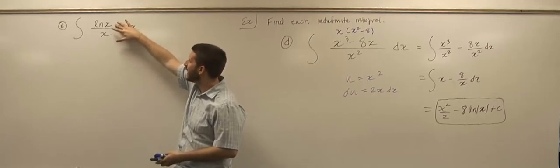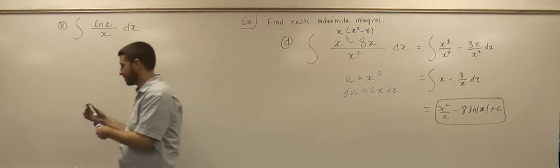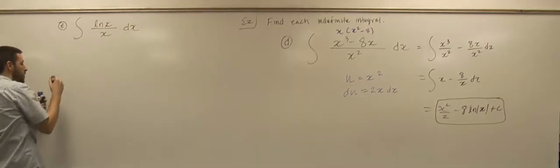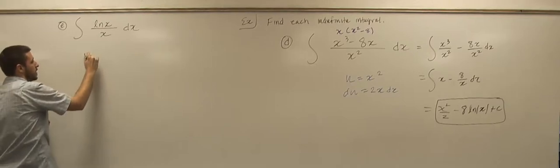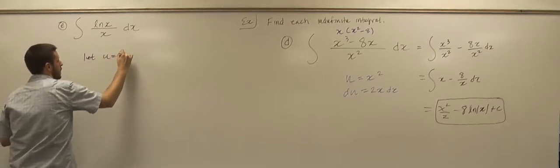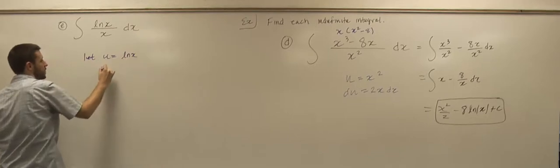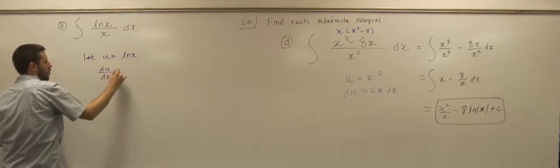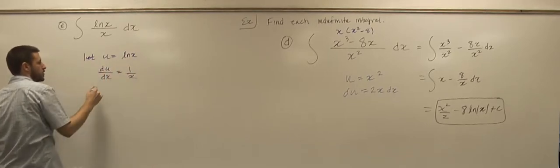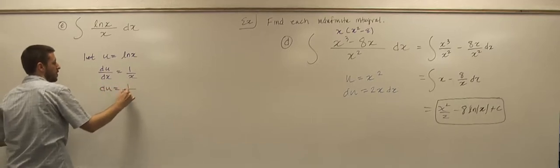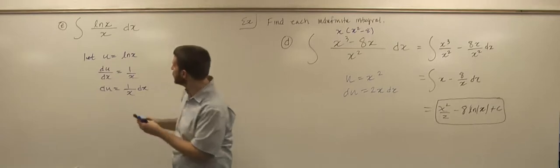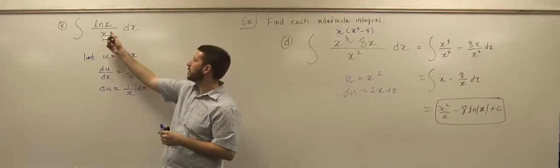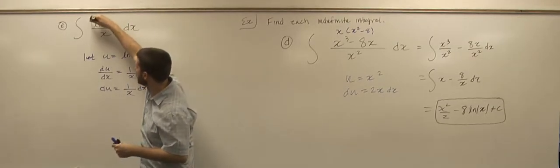So let's make it ln x. If you let u equal ln x, the derivative du dx is 1 over x. So du is 1 over x dx. So my du is sitting right here. Think of this as an extra 1 on top.